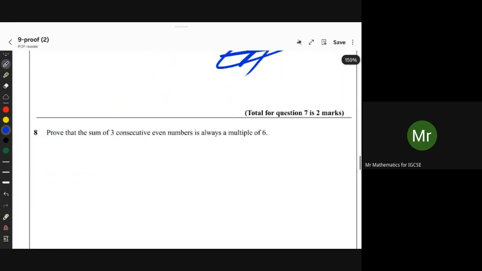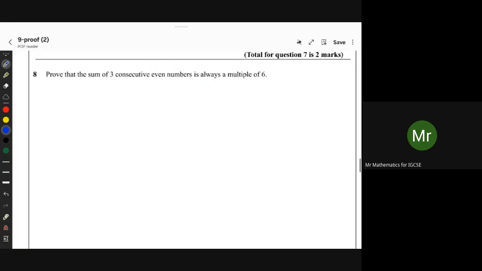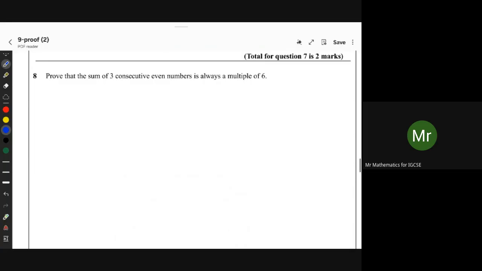Okay, so what about number 8? Number 8 proves that the sum of 3 consecutive even numbers is always a multiple of 6. Three consecutive even numbers. What is the even number? We said the even is 2n, then 2n plus 2.